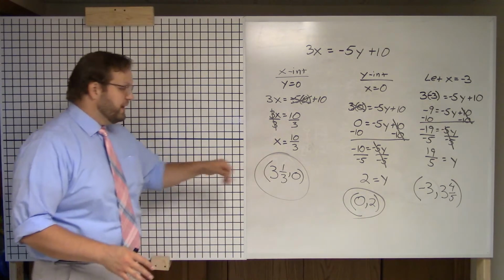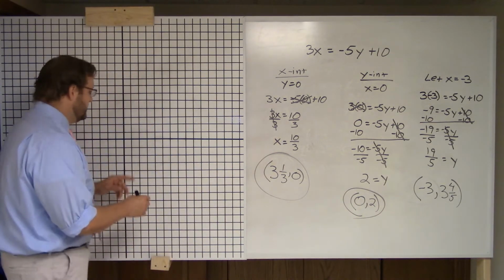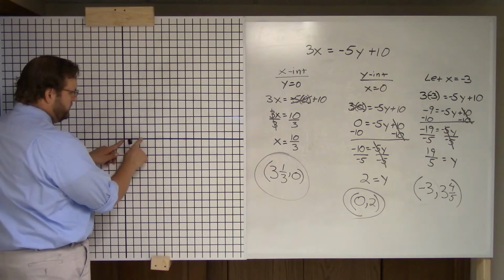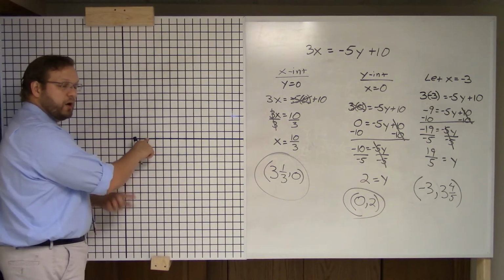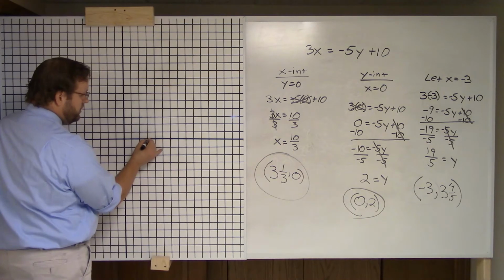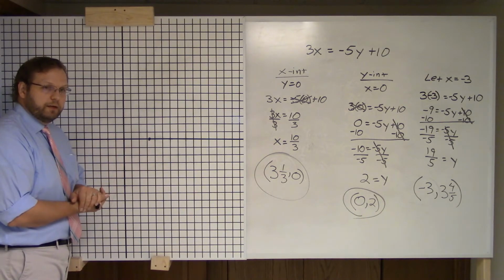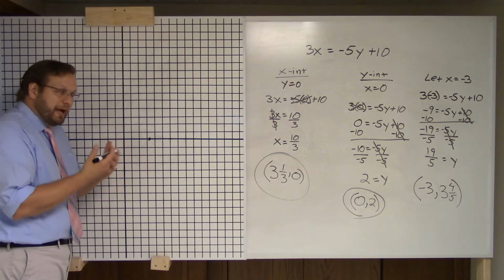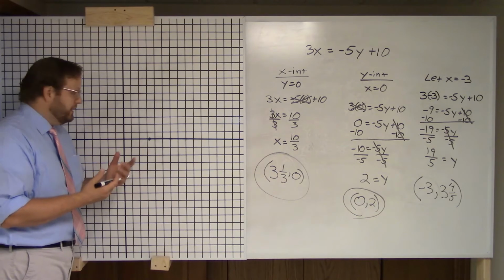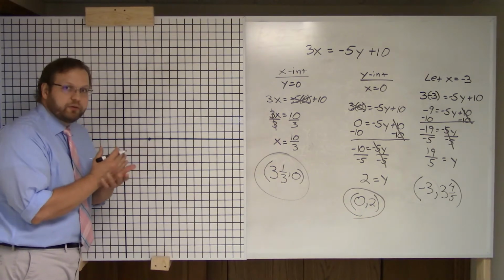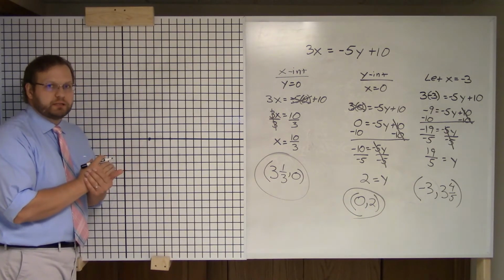So we've got 3 1/3, comma 0. So let's see how that looks. I go over 1, 2, 3, and a third. A third is not quite a half. So I'm going to go somewhere between that line and halfway in between. I'm not going to be taking out a magnifying glass to make sure that it's exactly 1/3. Just make sure it's a reasonable approximation.